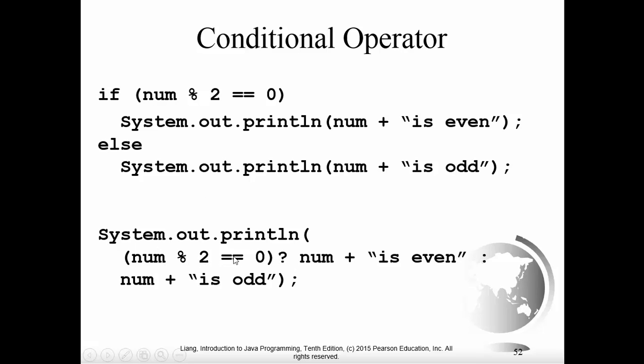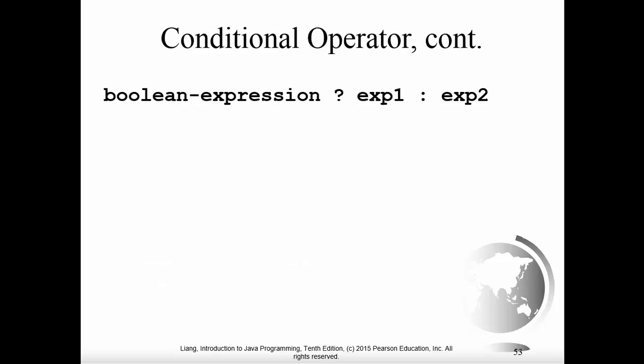That's my Boolean expression. Is that true or not? If that's true, I'm going to output after the question mark, num is even, then I have the colon to indicate my false path. If that evaluates to false, I'm going to print out num is odd. The ternary operator is definitely odd, and it will give you some fits, but it's very, very powerful. So please familiarize yourself with its use.